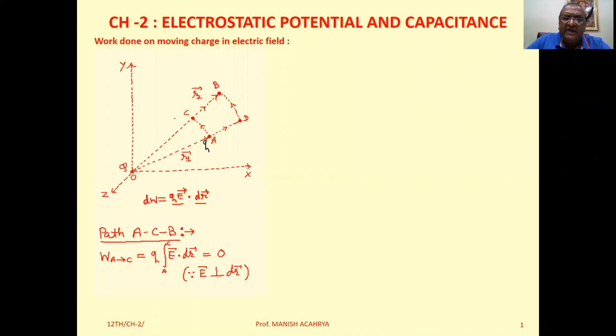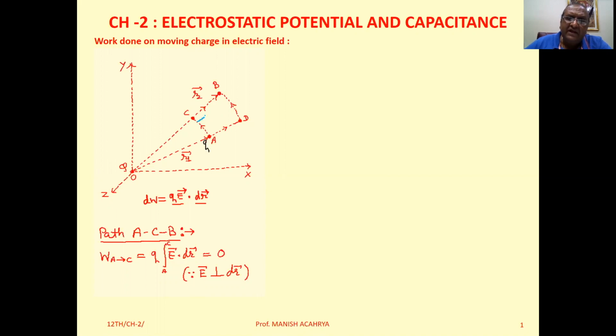Now, first we calculate the work done on moving charge q from A to C, and then from C to B. So here, we can write the work done on the path A to C, that is q integration A to C E dot dr. But see here, the electric field of charge capital Q is radially outward.